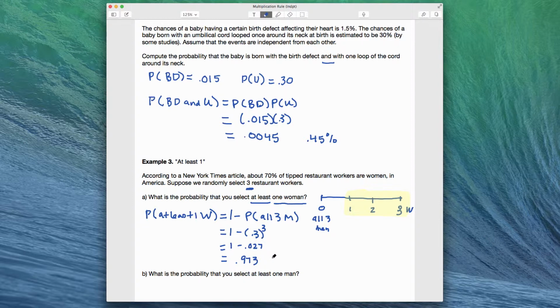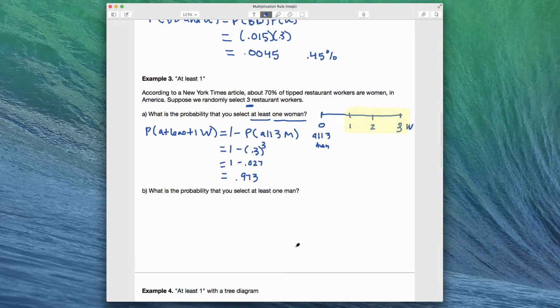And this makes sense because the chances of getting 1 woman just randomly selected would be 70%. So to get a combination of at least 1 woman would be pretty high, you'd expect. Now let's redo this question, but we want at least 1 man. So I'm going to draw my number line again.